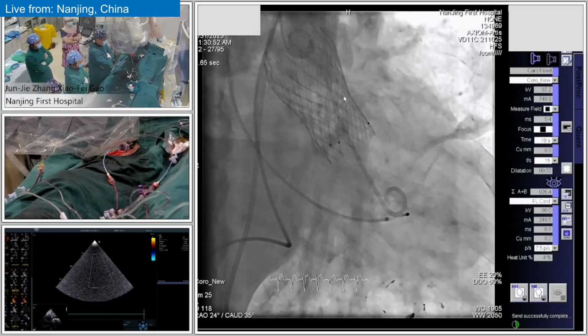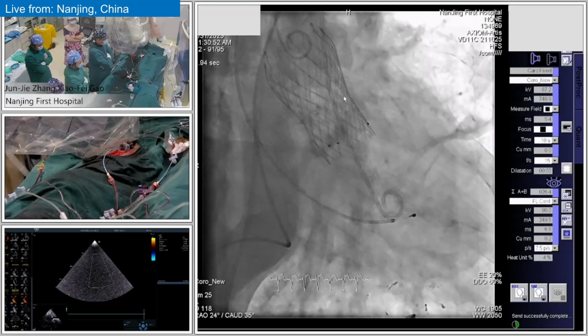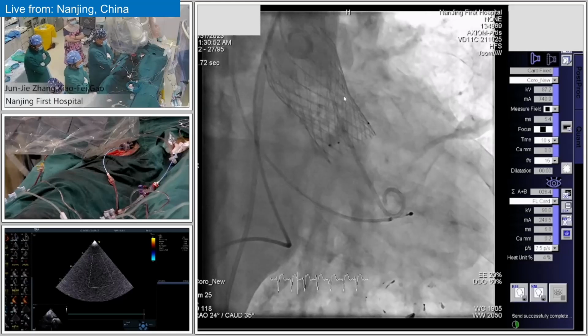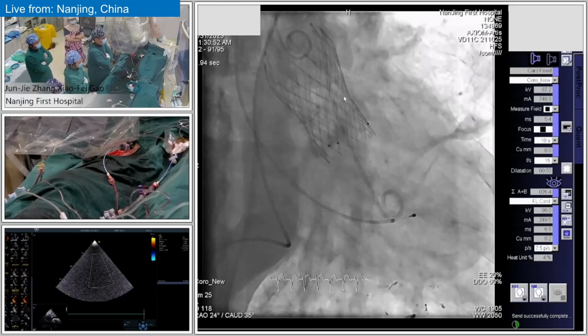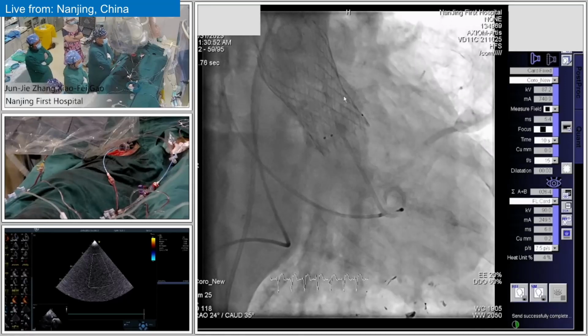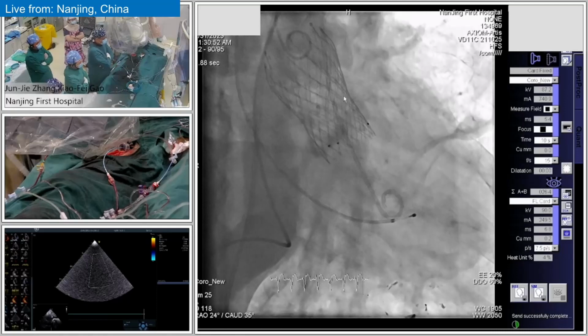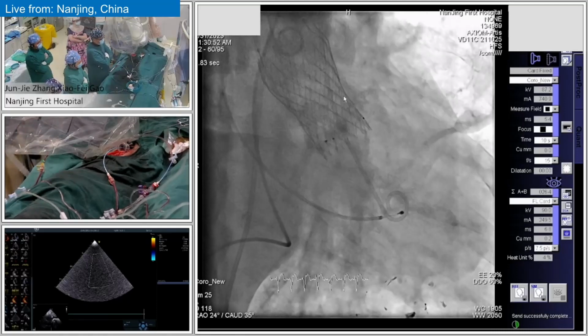Sometimes there will be difficulty fully expanding the valve. If there is potential for under-expansion, maybe we will downsize the valve. We size according to the supra-annular structure, not only from the annulus. So I think most important is sizing.